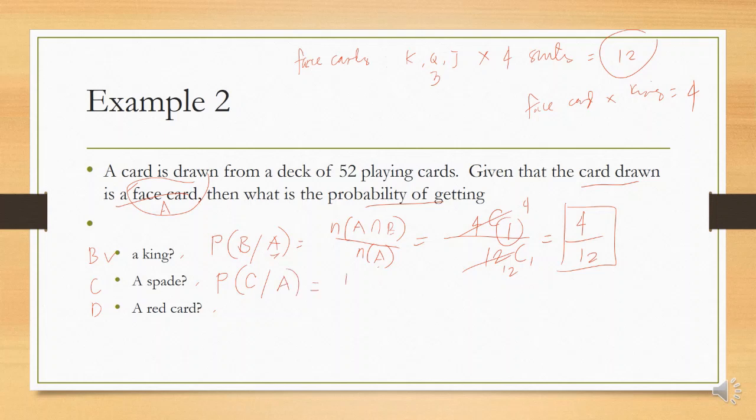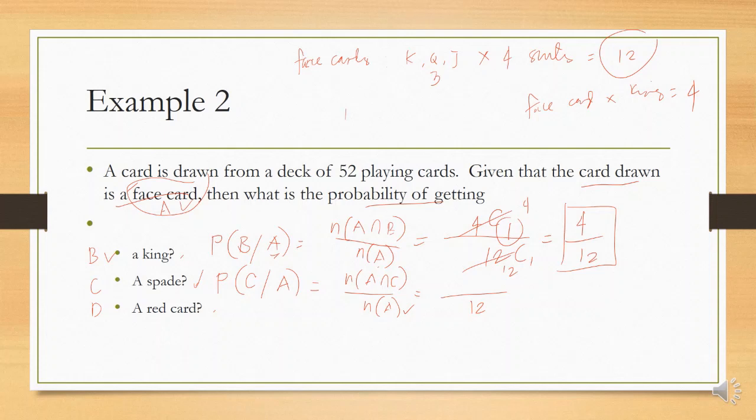card, dito naman ay n intersection C over n of A again. Okay? So, dito laging 12. Ngayon, ano ang ilan sa deck natin ang spade na ay face card pa? Okay? Ilan ang spade na face card?